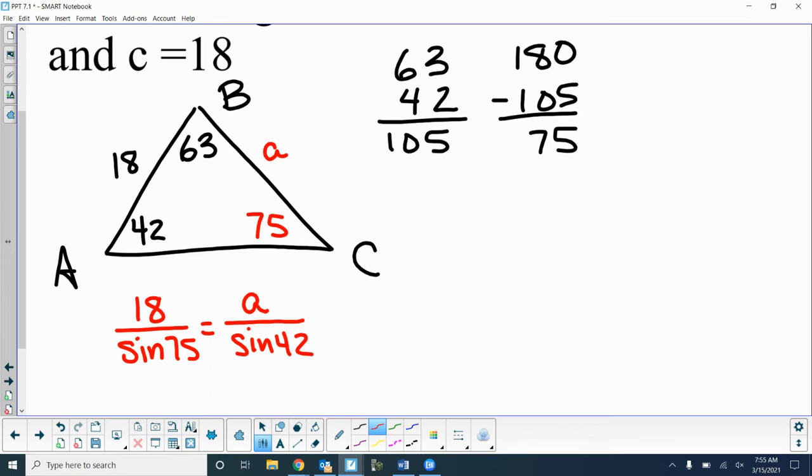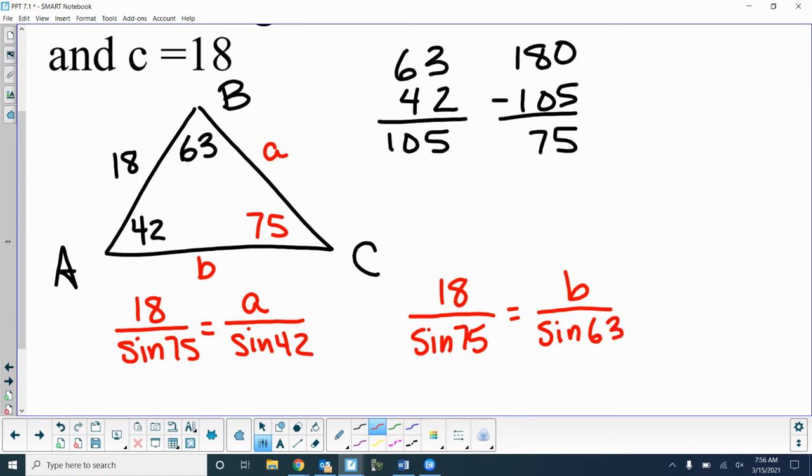And then for side b, which will be here, I'd set up basically the same thing. 18 over the sine of 75 equals side b over the sine of the angle straight across from b, which is angle B, 63. So there's my two proportions, using the law of sines that I set up.